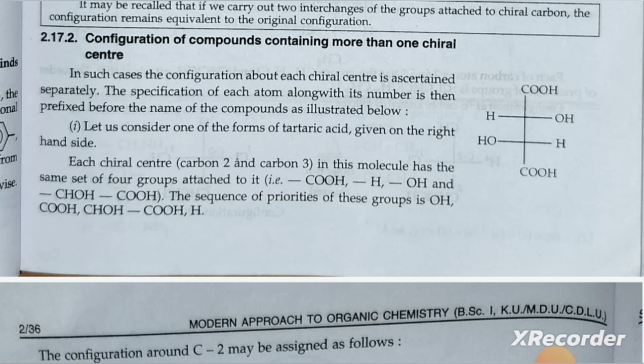Each chiral center, carbon 2 and carbon 3, in this molecule has the same set of four groups attached to it: COOH, hydrogen, OH, and CHOH attached to carboxylic acid. The sequence of priorities of these groups is OH, carboxylic acid, CHOH-COOH, then hydrogen.